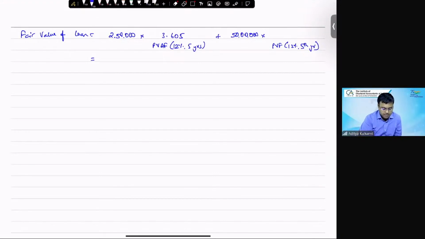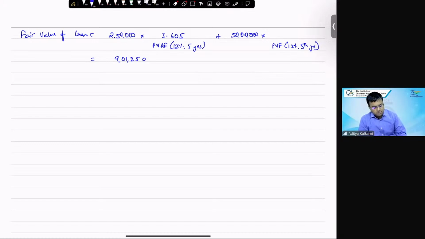Please correct me if I'm wrong. 9,01,194. Fine, we can ignore the small difference. If I take it as 3.605, I get 901,250. I stuck to 3 decimals, but Jeannie has given maybe up to 4 or 5 decimals, so her answer is more accurate.